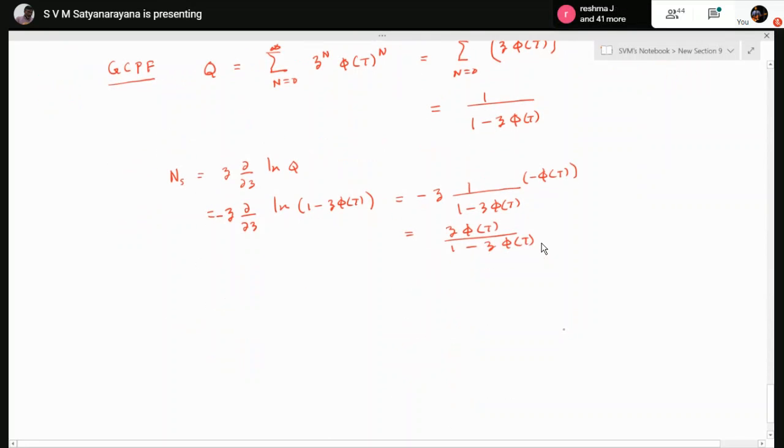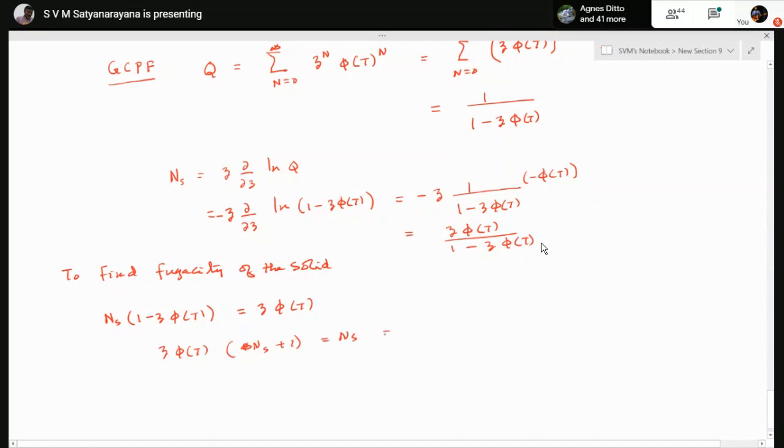So I would like to find out what z is. To find z for the solid phase, let us write down Ns into (1 minus z phi of T) is equal to z phi of T. So I can take it on the other side: z phi of T into (Ns plus 1) is equal to Ns.